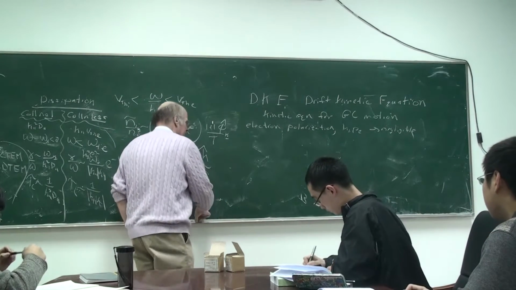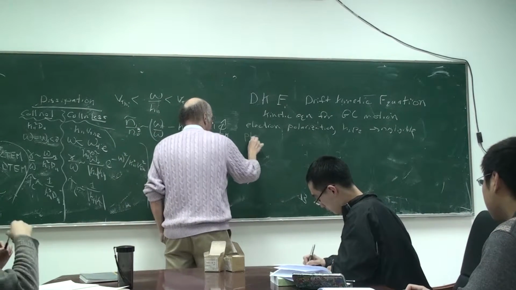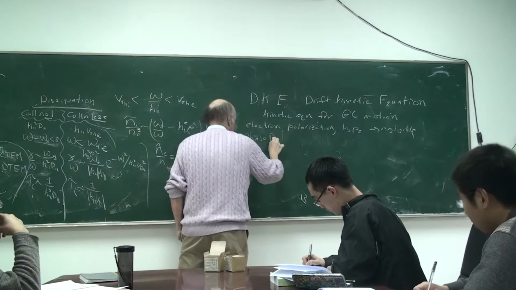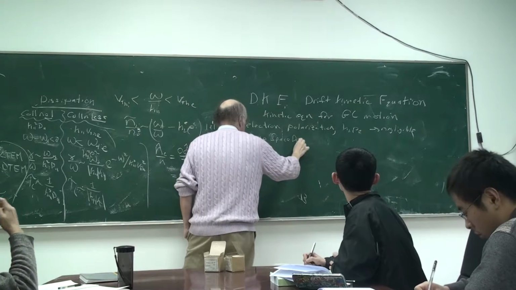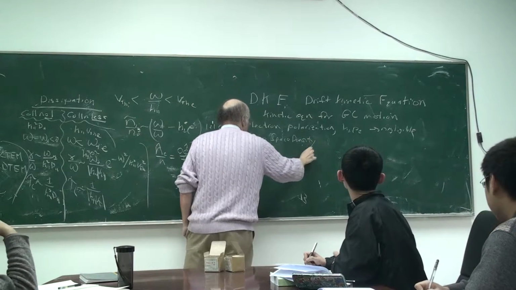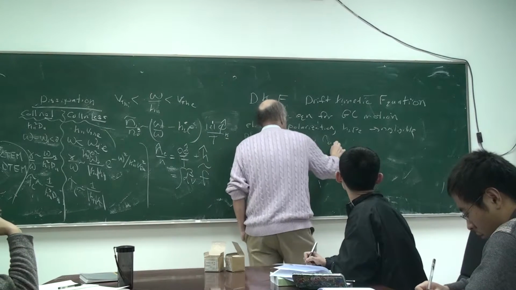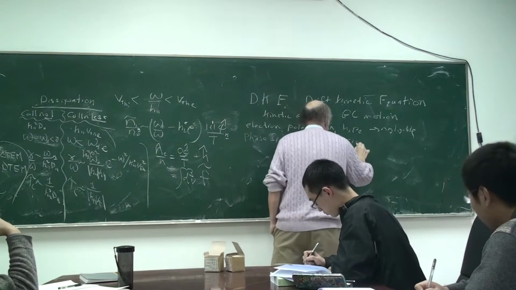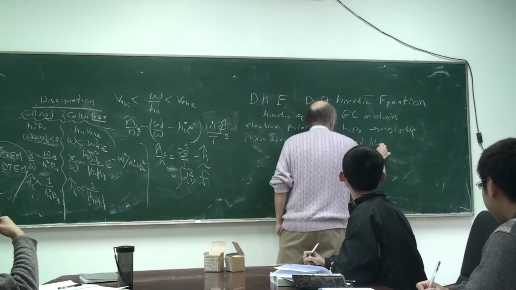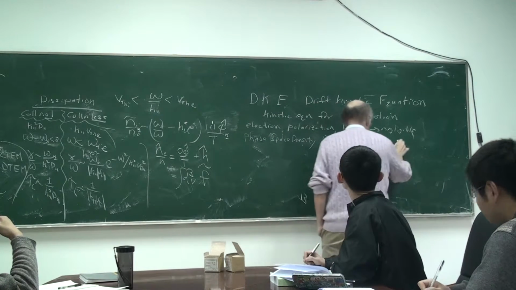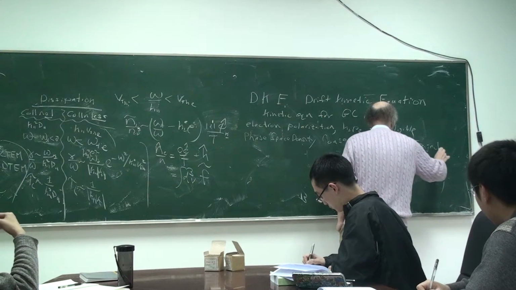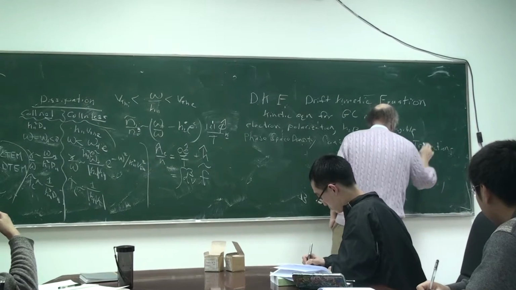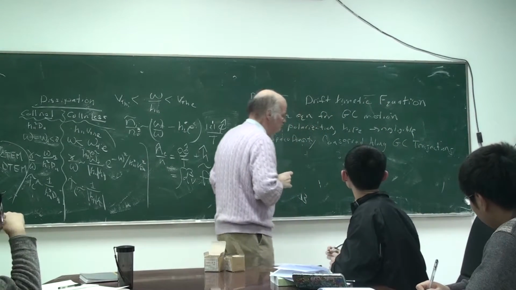The drift kinetic equation is phase space density conserved along guiding center trajectory. So what equations specify the guiding center trajectories?